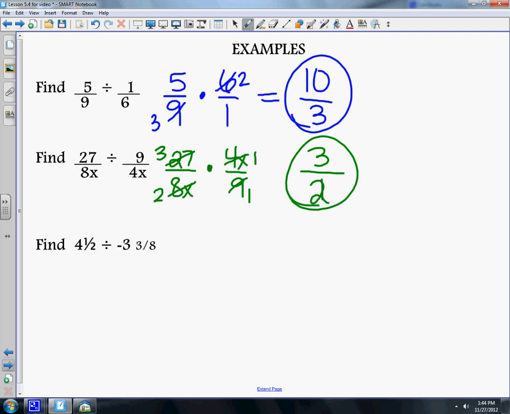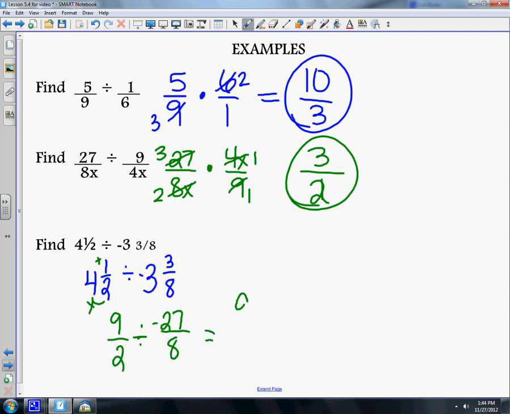Now for this one, I need to change these into improper fractions. So 4½ divided by -3 3/8. So 4½ is 2 times 4 is 8, plus 1 is 9/2, divided by 8 times 3 is 24, plus 3 is 27/8, and that's negative.